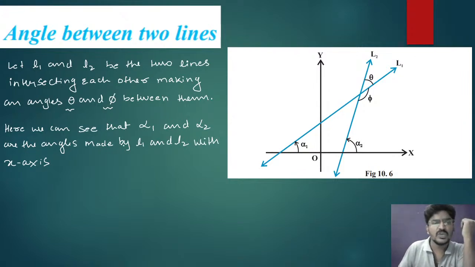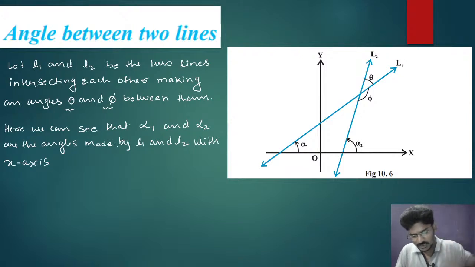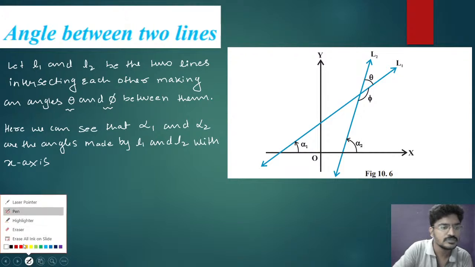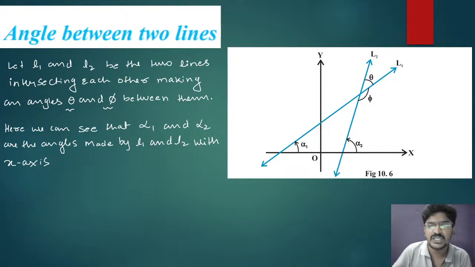So now using this alpha 1 and alpha 2, I want to define the slope of line 1 and the slope of line 2. Can anyone tell me what is the slope of line 1 and the slope of line 2?